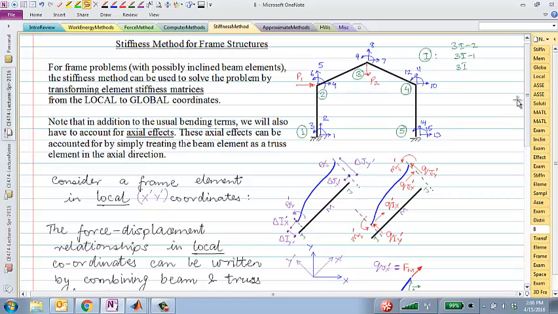This is just a truss problem, right? In the axial mode, it is just behaving like a truss element.